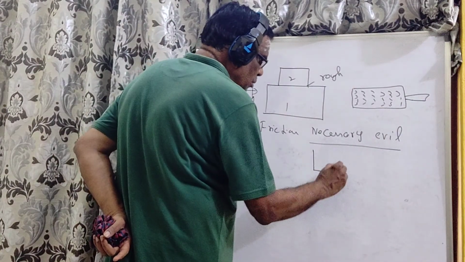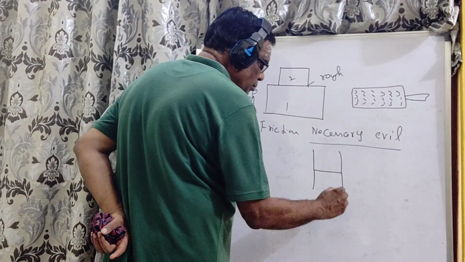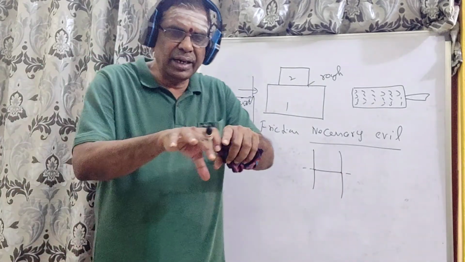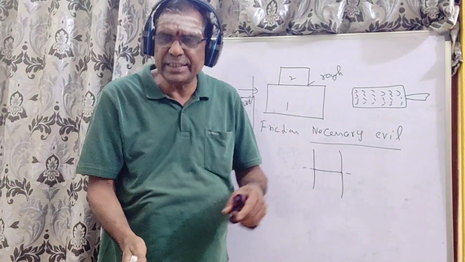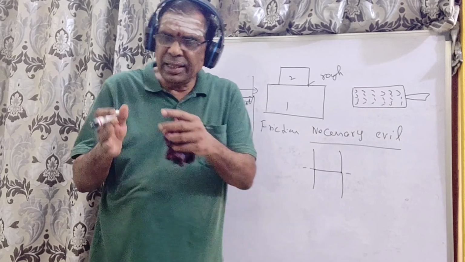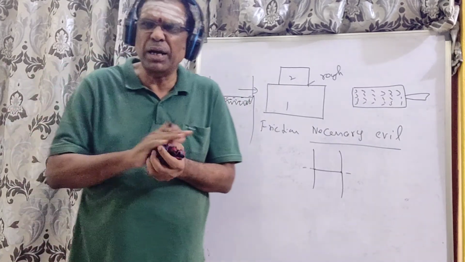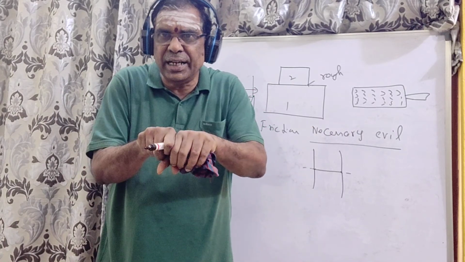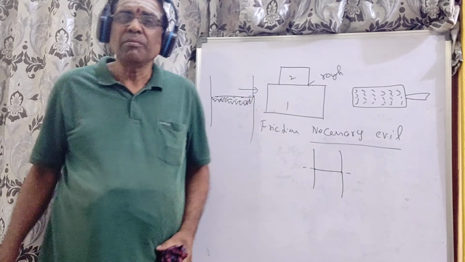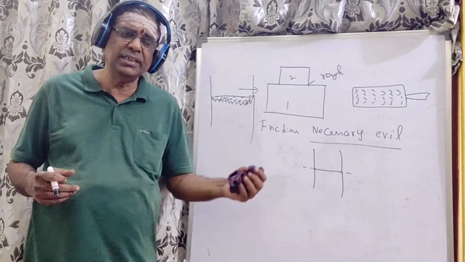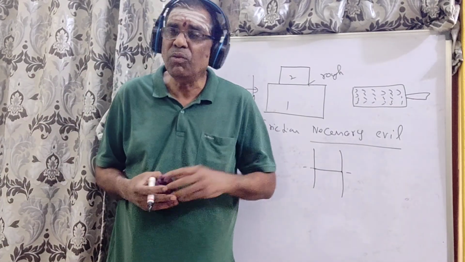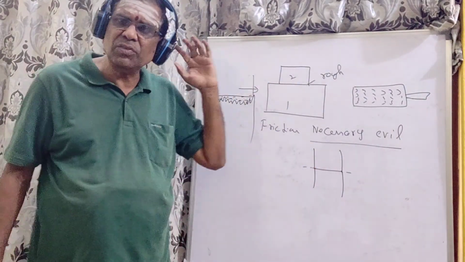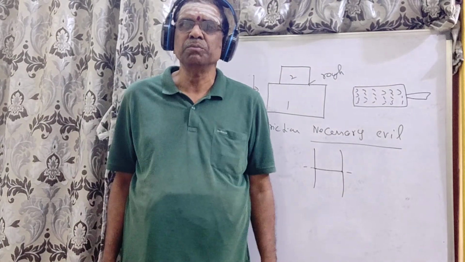Both surfaces are perfectly smooth. Say, for example, an iron cylinder, cut it into two parts, and then both surfaces are made to be absolutely smooth. And the moment you bring them close, automatically it gets stuck to each other. Tremendous force of attraction exists between them. Why? Almost all parts of the body are in contact.